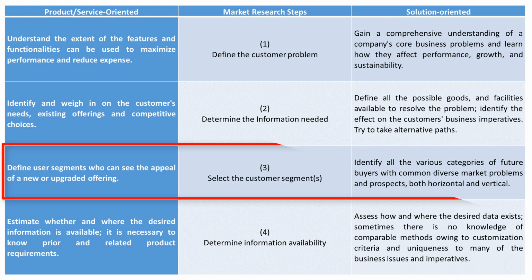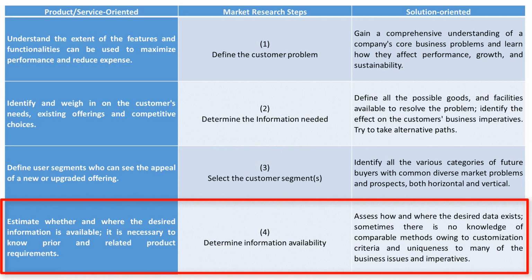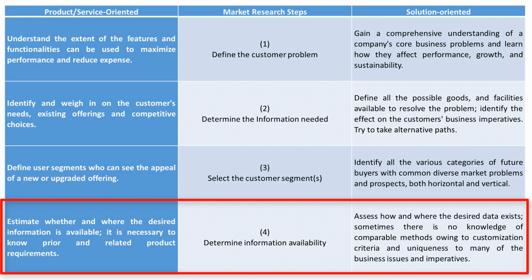Next, we have to determine information availability in terms of product or service oriented. Of course, we have to abide with the regulations promulgated by the DTI. Of course, kung pagkain, halimbawa ay chili garlic bottle, we have to consult or comply with the requirements of BFAD or Bureau of Food and Drug Administration.